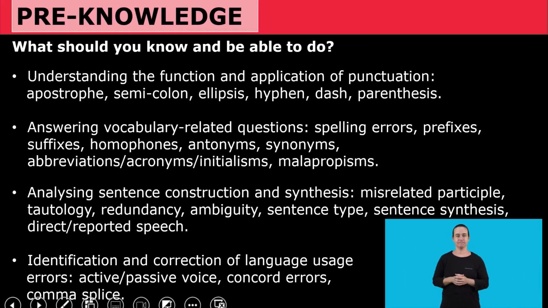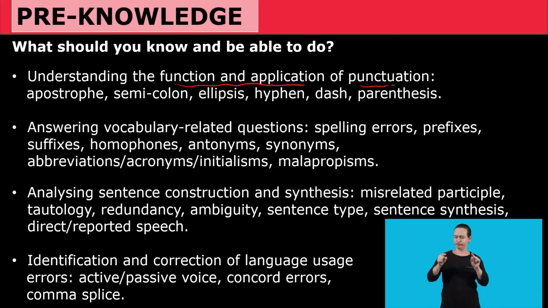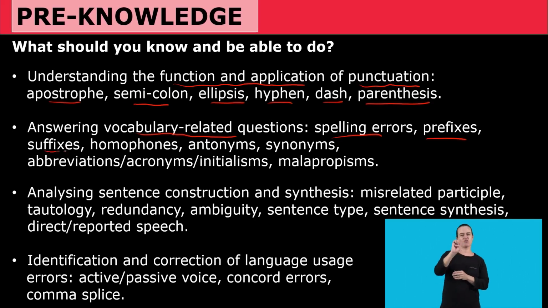What should you be able to do and what should you know? Understand the function and the application of the different punctuation marks like the apostrophe, semicolon, ellipsis, hyphen, dash, and parenthesis. Answering vocabulary-related questions like spelling errors, prefixes, suffixes, homophones, antonyms, synonyms, abbreviations, acronyms, and initialisms, and malapropisms.